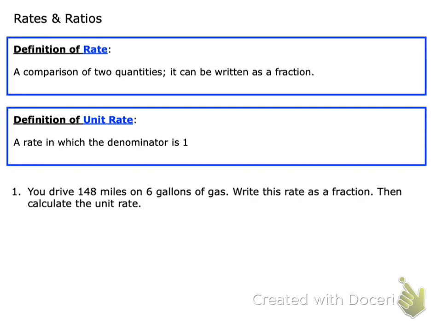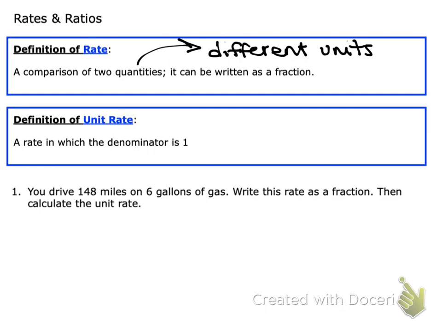A rate is a comparison of 2 quantities. And I'm going to just make a little clarification. Those quantities have different units. So because of that, we write the units. So this would be like your speed limit, 45 miles per hour.